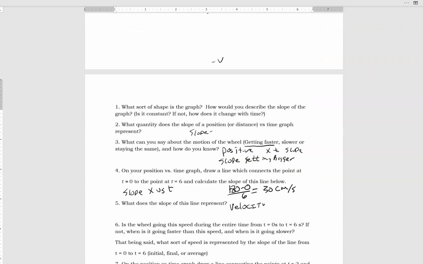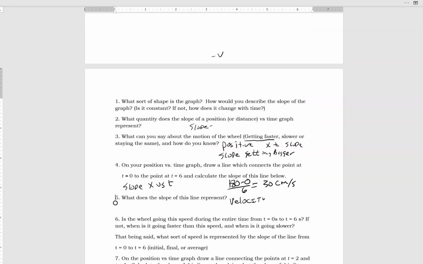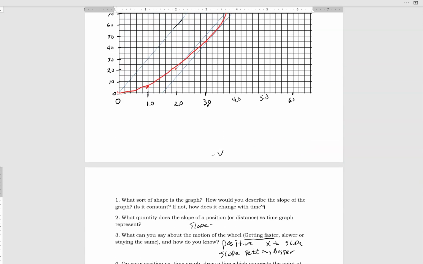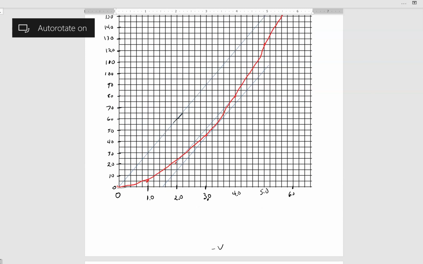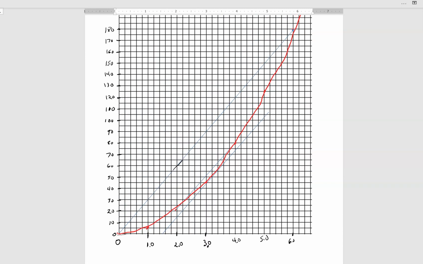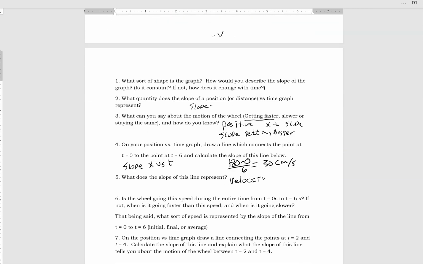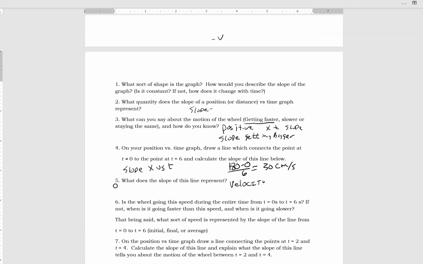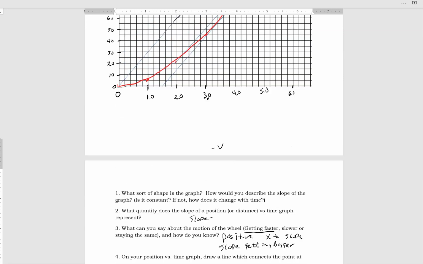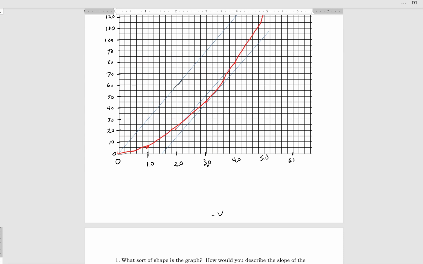Now, the slope of that line represents the velocity, but at t equals 0, it started out at rest, and here it's moving, so it can't be going the same velocity that whole time. So what kind of velocity is that? It's going slower than that speed. Anytime the slope of the curve is less than this, it's going less than that speed.